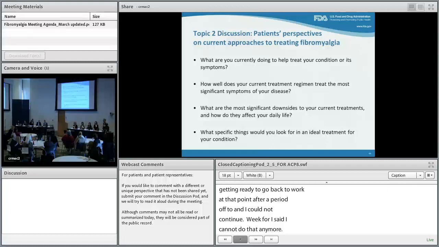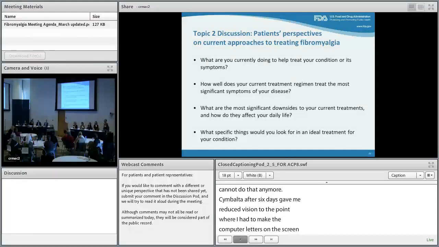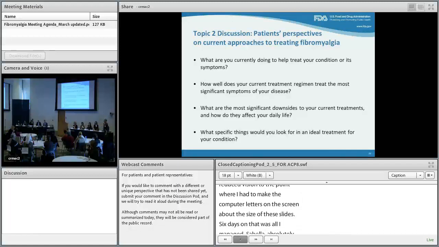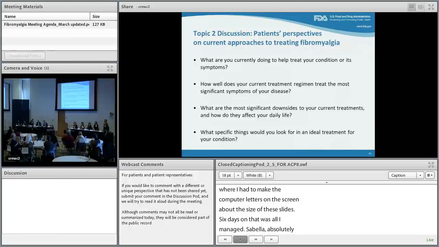Cymbalta, after 6 days, gave me reduced vision to the point where I had to make the computer letters on the screen about the size of these slides. And so 6 days on that was all I managed. Savella absolutely was wonderful for the pain, but after a year of soldiering through, I felt like I was in Groundhog Day in the first trimester of pregnancy.